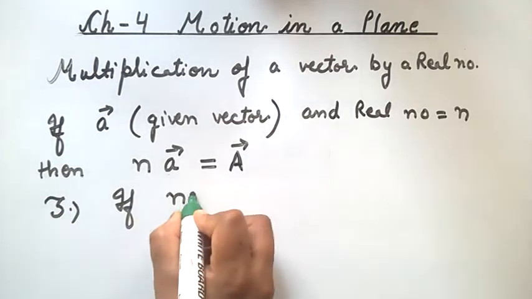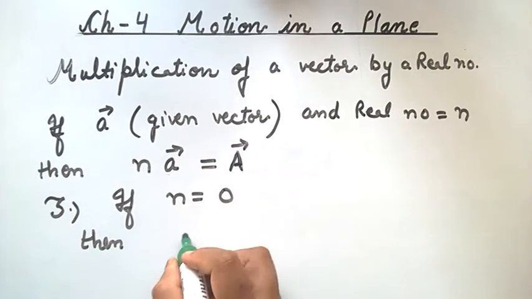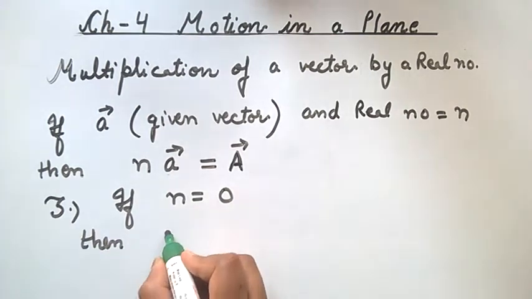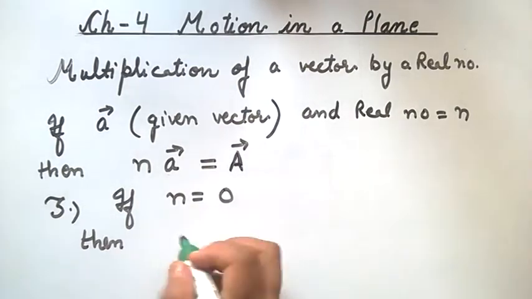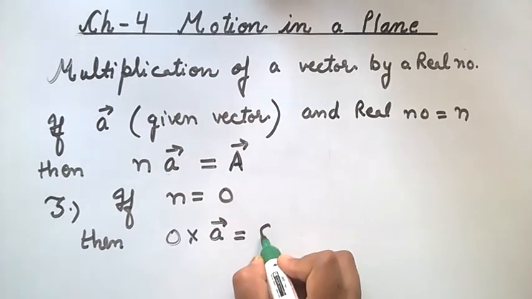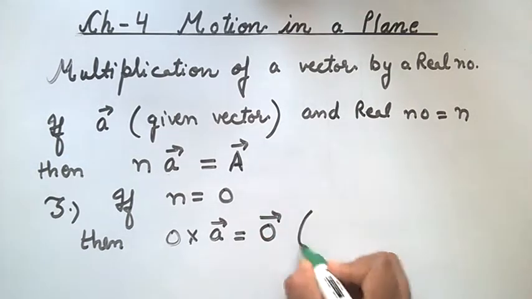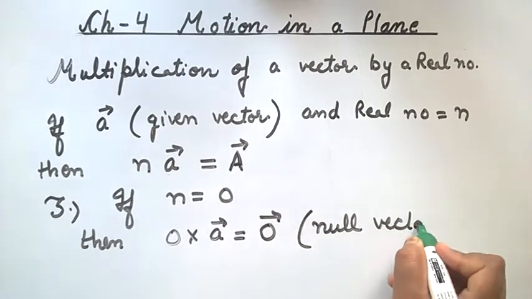If n is equal to 0, then n into a vector, 0 into a vector, gives us 0 vector. This is known as null vector or 0 vector.